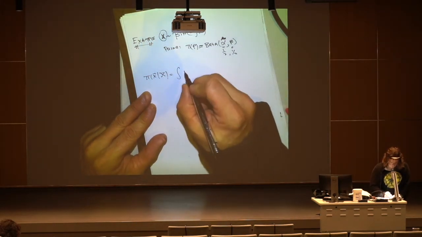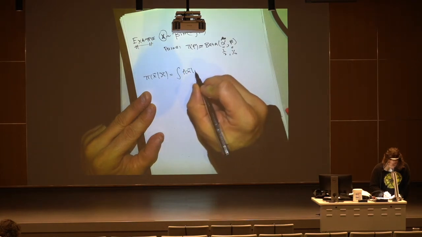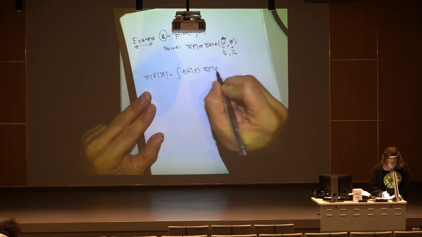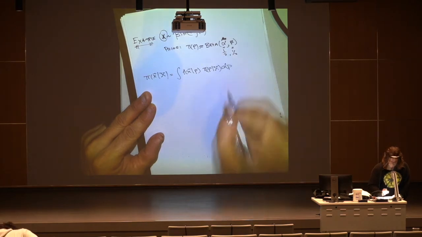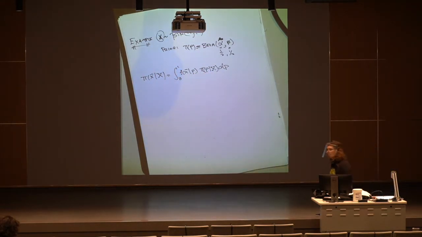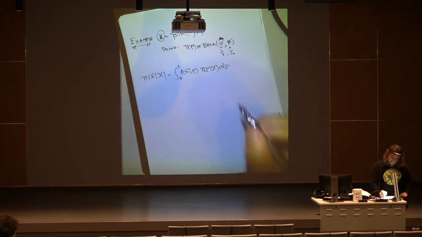So this is going to be f of x tilde given p. It's going to be pi of p given cap X. Where does p live? 0 to 1. Probabilities aren't smaller than 0, and they're not bigger. Why? Because we made that up. So, totally arbitrary, but we all are used to it, so we like that. Okay.